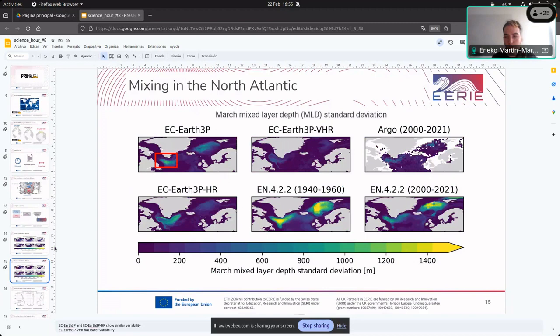Hi, Isaido, can you hear me? Yeah, yes. So perhaps the low resolution model, I think, is a little bit misleading because it has a huge sea ice concentration bias in the lower seas. It's almost entirely covered by sea ice, and then it has very little convection.